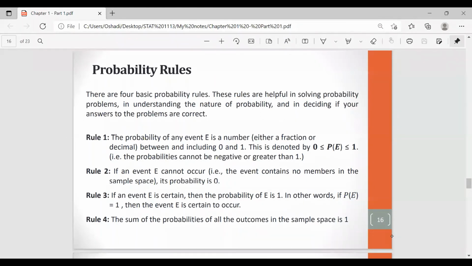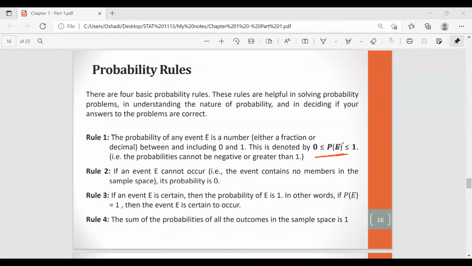Basic probability rules. Rule 1: the probability of any event E is a number, either a fraction or decimal, between and including 0 and 1. I explained it earlier. The probability lies between 0 and 1, and 0 and 1 are also included. So it is denoted by the probability of E being in the range 0 to 1, including 0 and 1.